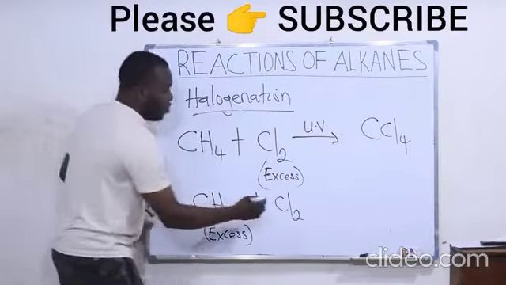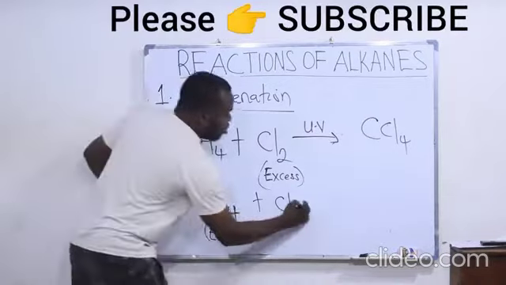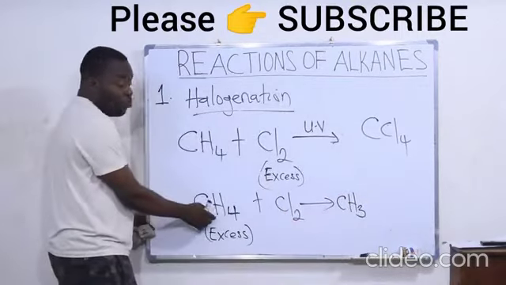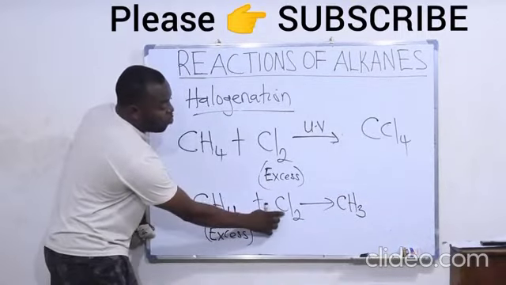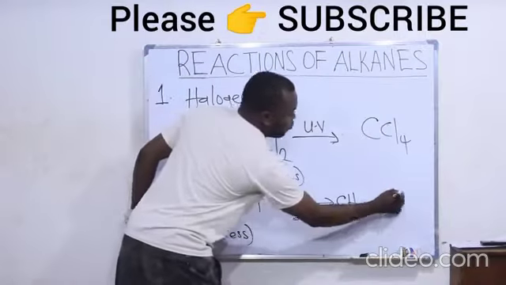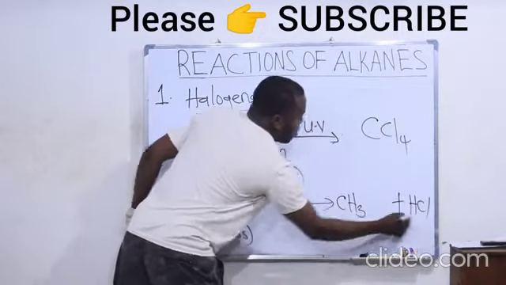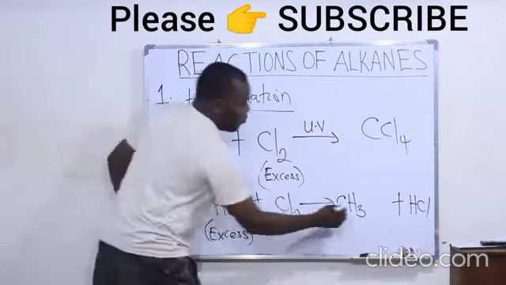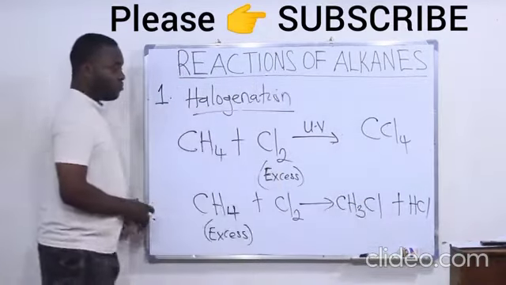So in this case, only one hydrogen will be substituted. If I remove one H here, I will have 3 H left. Now, the one H I removed will combine with one of the chlorine radicals to give me HCl, while the remaining chlorine will replace the position of that H that was removed, giving us CH3Cl.